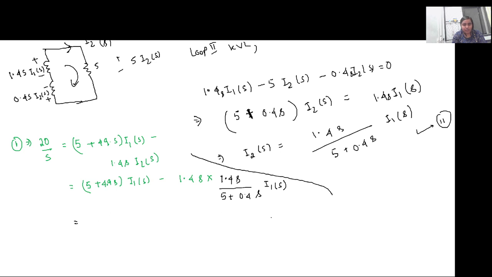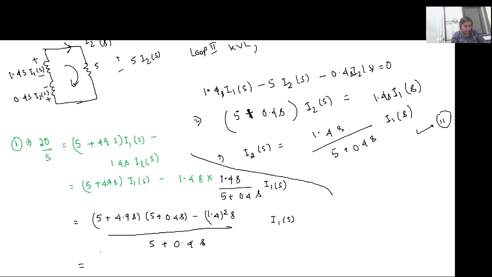So I1 of s, we are taking it out. So it will be (5 plus 4.9 s) into (5 plus 0.4 s) minus 1.4 whole square s squared by 5 plus 0.4 s.